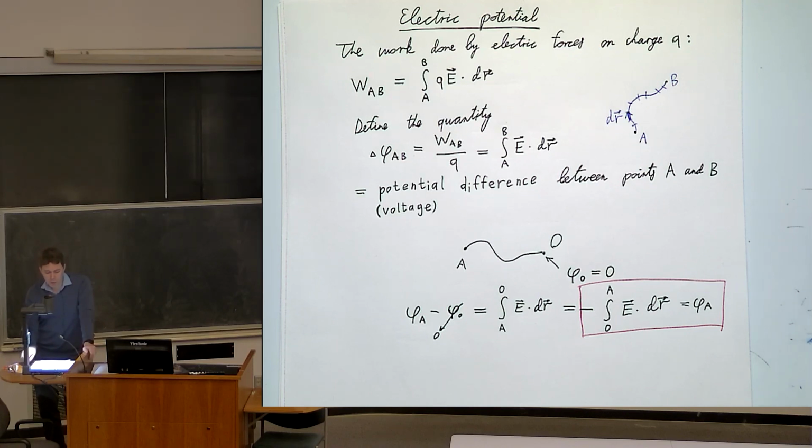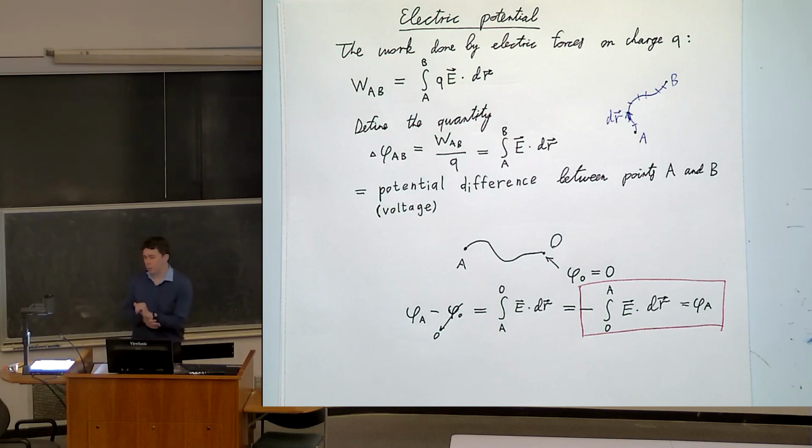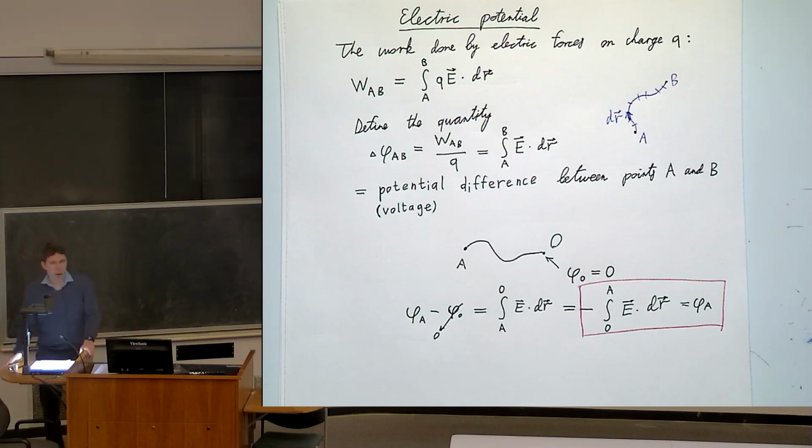Often, this point O is chosen to be on the ground, and phi O will be the potential of the ground, because in electrostatic experiments, in experiments with charges, usually you would do your experiment in the vicinity of the ground, and if you connect your charged body to the ground, all charges leak into it without significantly changing its potential.